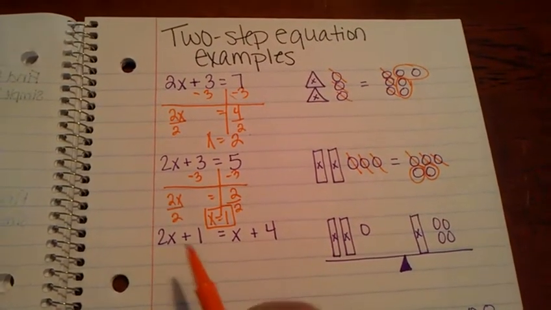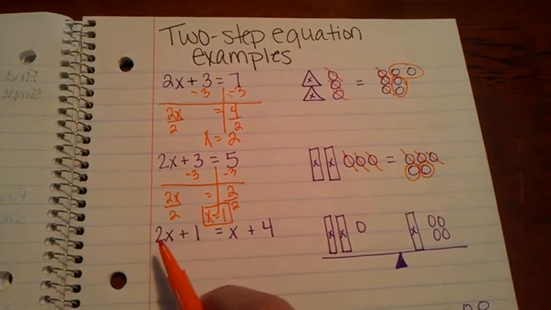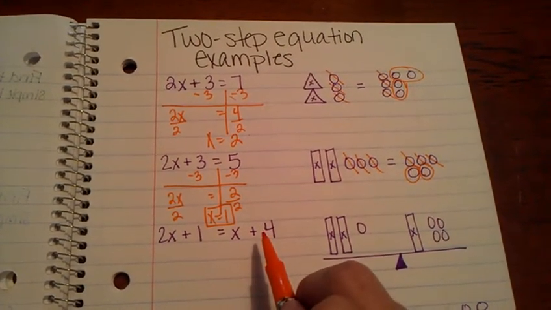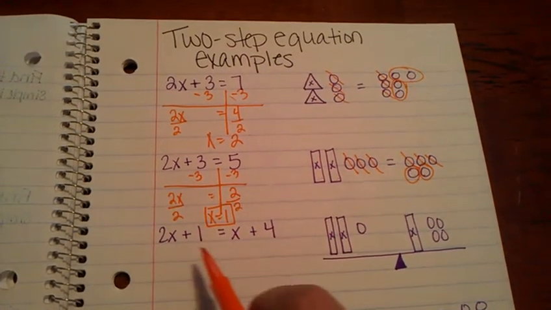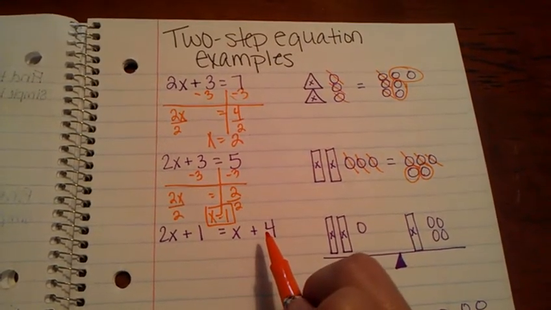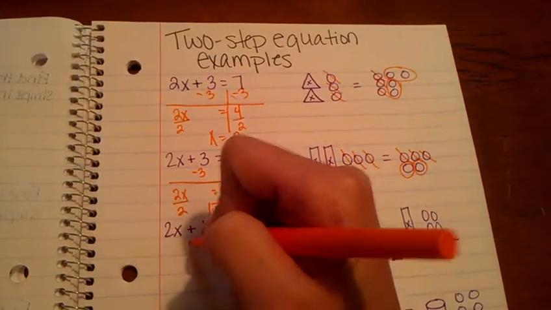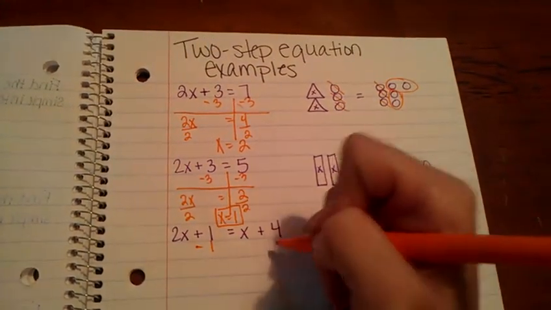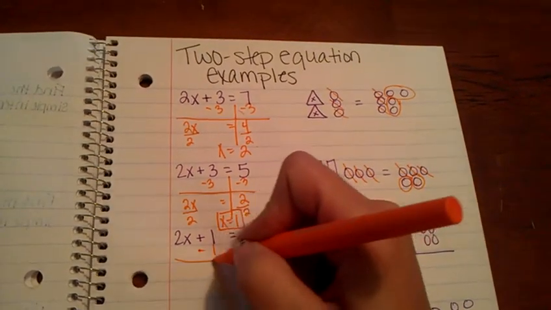On this one, you'll see it looks a little bit different because not only do I have x's on both sides, and then I have numbers on both sides. Does not change the way you solve this problem. You have to get rid of trying to get the x all by itself, so I got to get rid of the other numbers. Subtract 1, subtract 1.